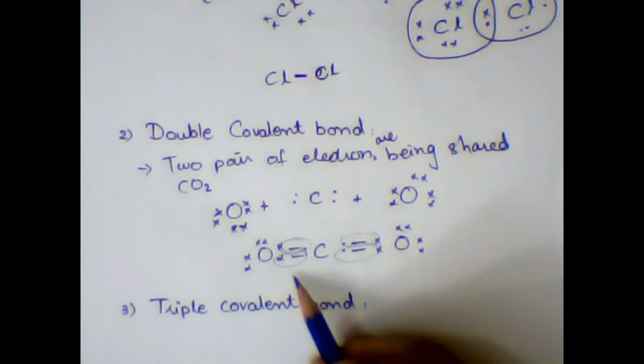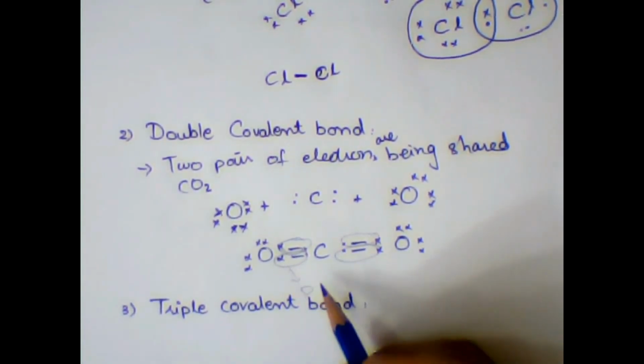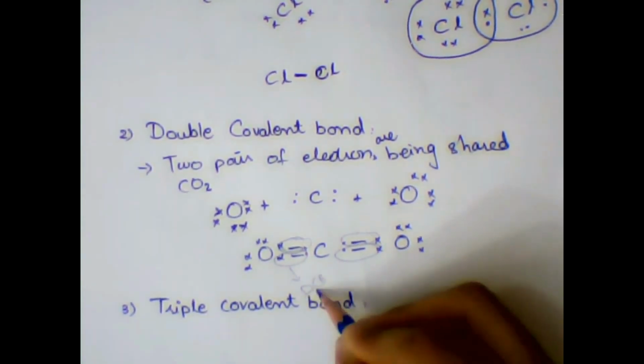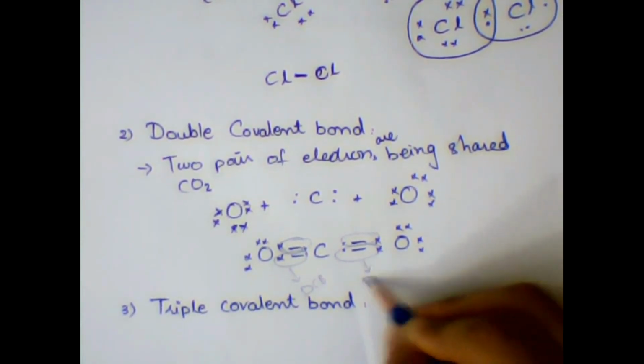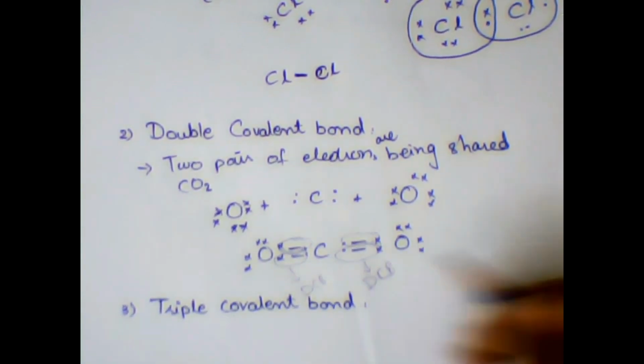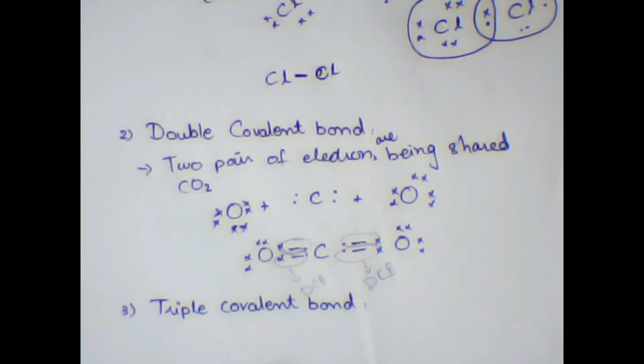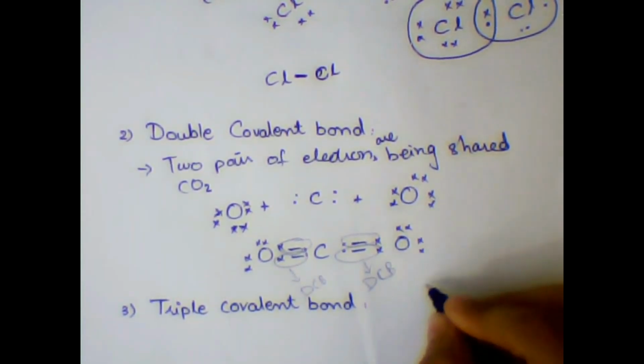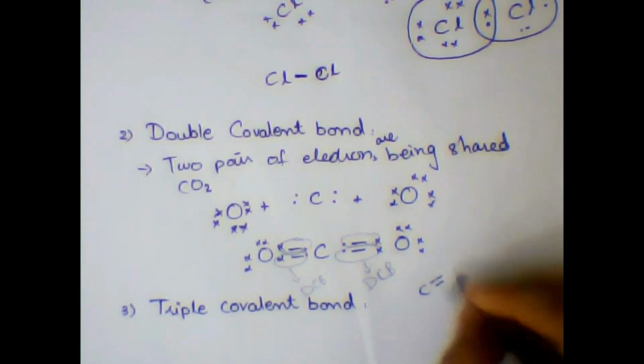So carbon dioxide gas has 2 double covalent bonds. DCB stands for double covalent bond. One double covalent bond and another double covalent bond. Okay, so double covalent bond is represented by double straight lines or two straight lines.